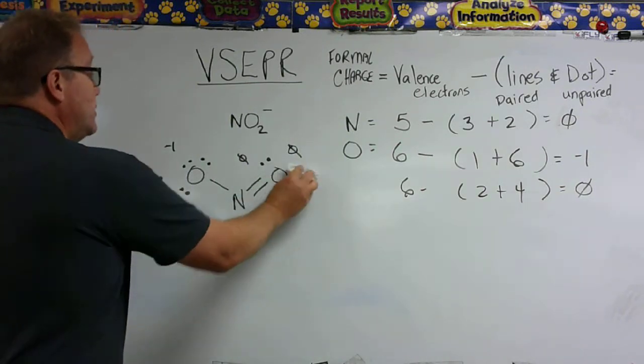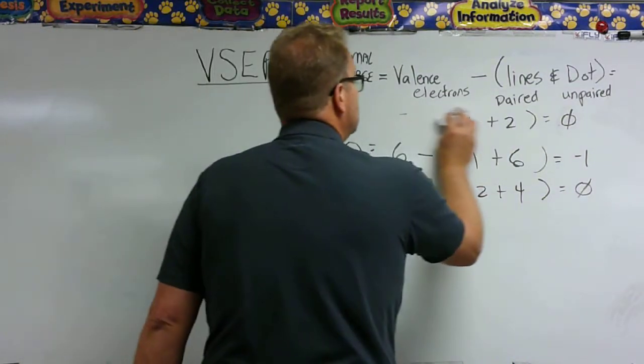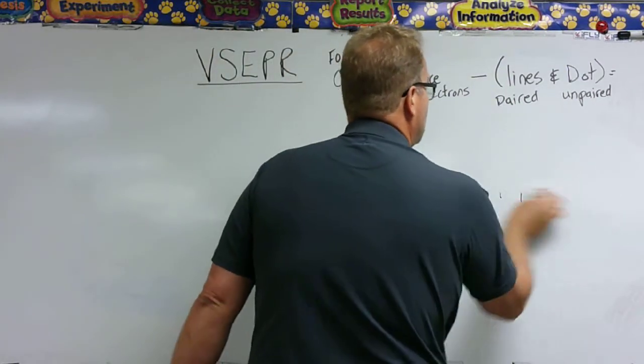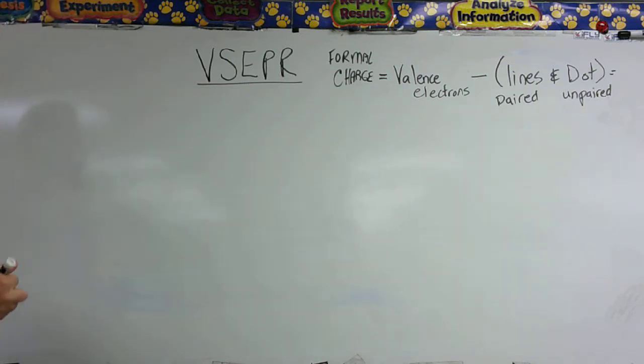Let's go ahead and do another ion. You can pretty much do it with all the ones there. You have ones that are a little different. We're not going to really deal with those.